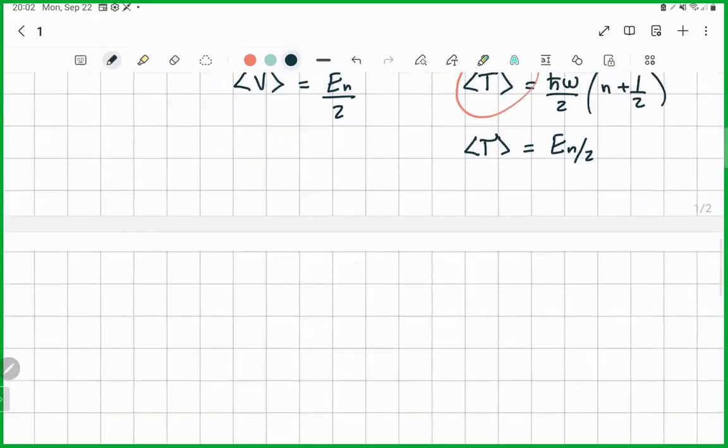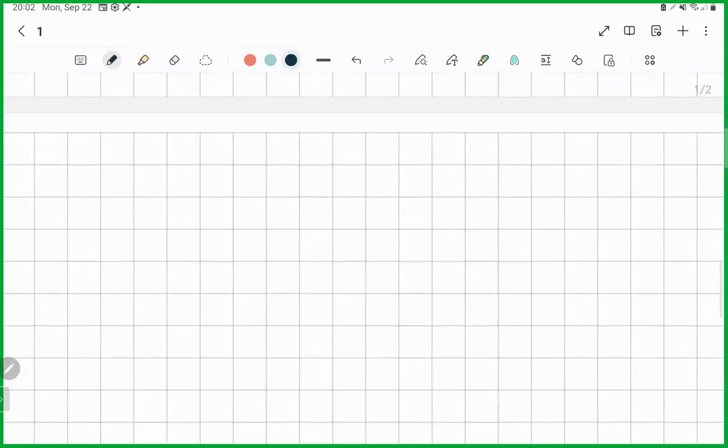Same thing as we did for the potential energy. What we need to remember is that kinetic energy is p squared over 2m, right? So you have to go back to the equation for A plus and A minus. Let's rewrite them here.